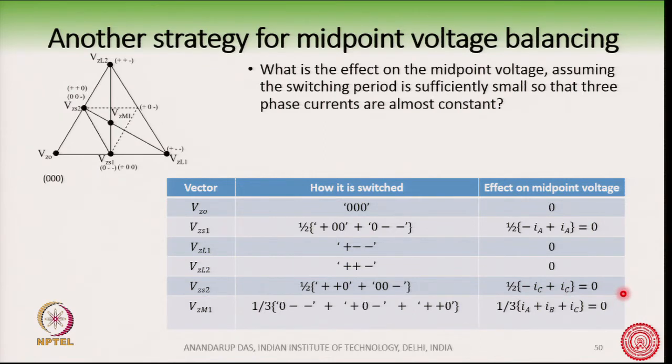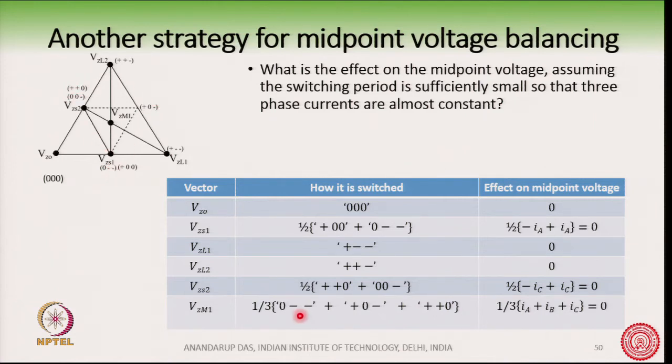Now, you see the effect of VZM1. You will see why VZM1 has been defined in this particular fashion. How have we defined it? We are switching 1/3 of 0 minus minus, plus 0 minus, and plus plus 0, 1/3 of each.